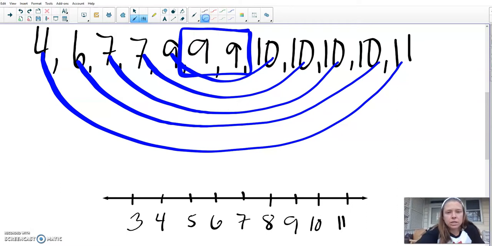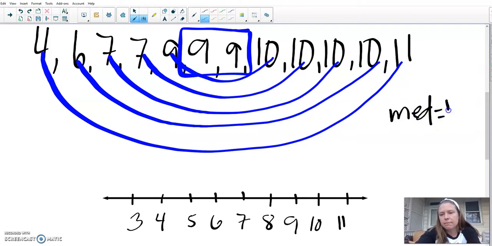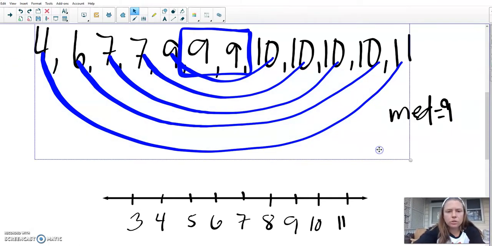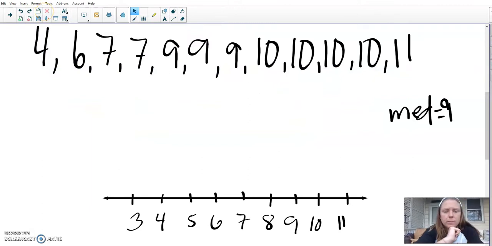Now what I'm going to do here is just write out my data on the side. The median, the middle is 9. I almost wrote 10. Yikes. All right. I'm going to get rid of this rainbow just because I want you to be able to see my work. So our median was 9. But remember, we landed on 2 numbers in the middle. So that 9 was really right there.